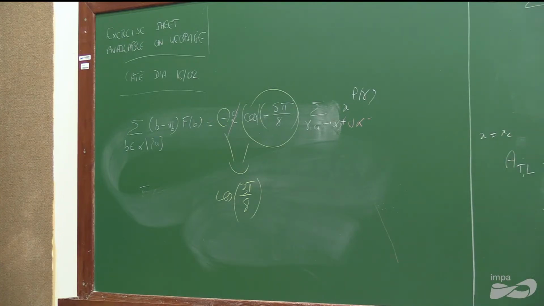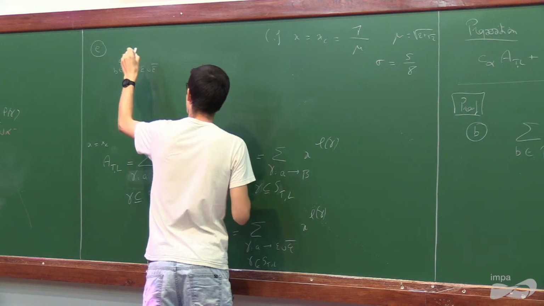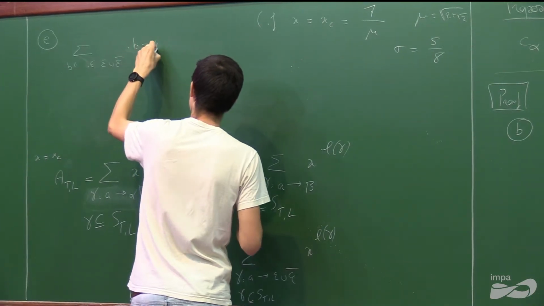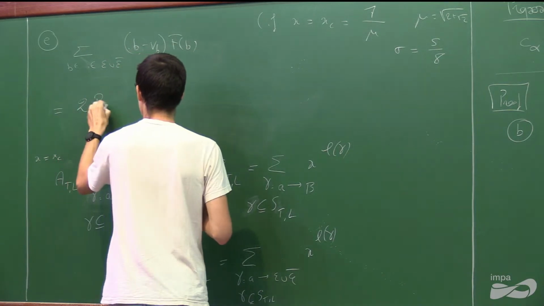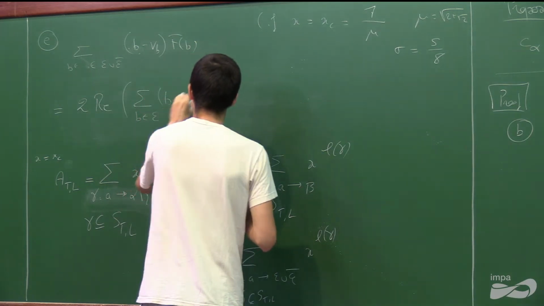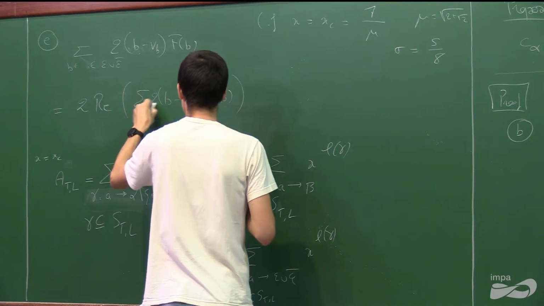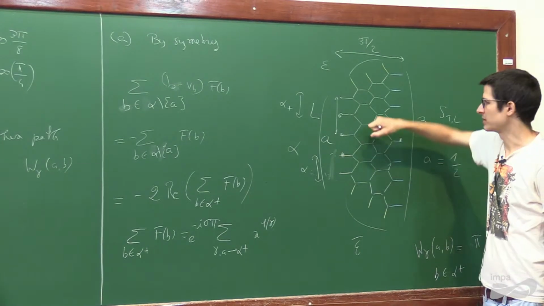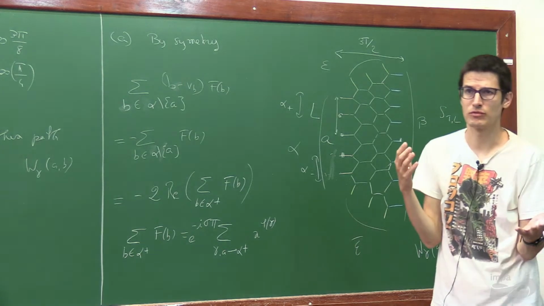The sum, for the same symmetry reason, the sum over B in epsilon union epsilon bar of B minus VB, f of B, is equal to 2 times the real part of the sum over B in epsilon of B minus VB, f of B. Here you have to put 2, and the reason is that if you take a path and look at its contribution, the symmetric one gives you the conjugate contribution.